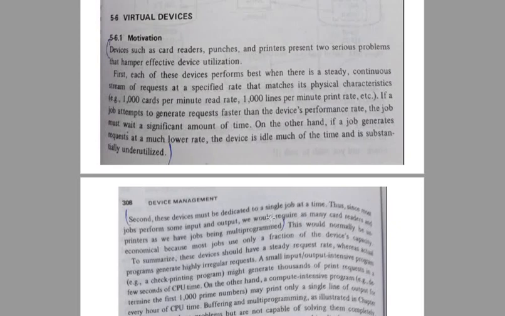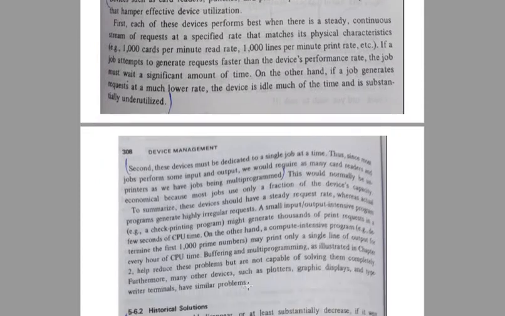If requests come at a moderate rate it performs well, but if enormous requests arrive at a time, performance lags. On the other hand, if a job generates requests at a much lower rate, then the device is idle much of the time and underutilized.